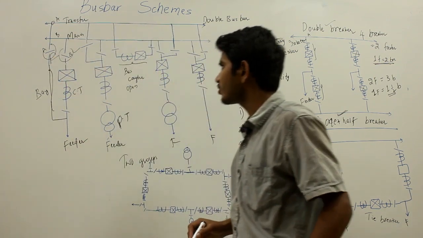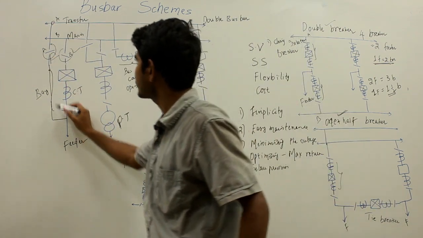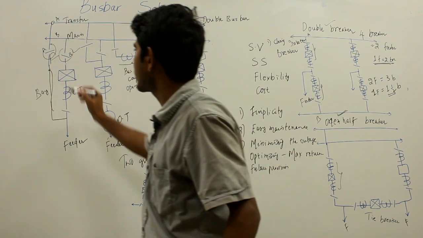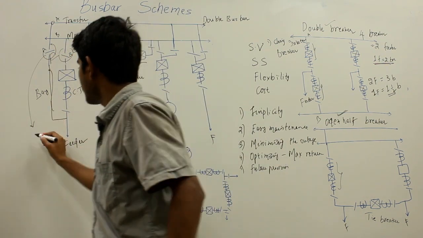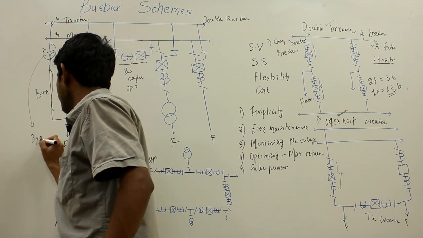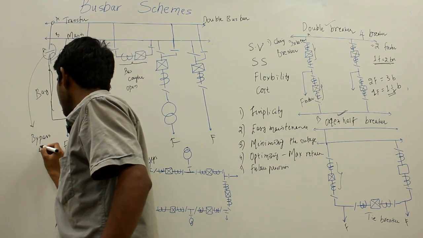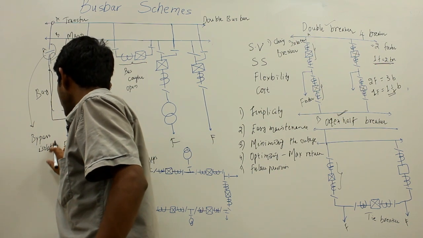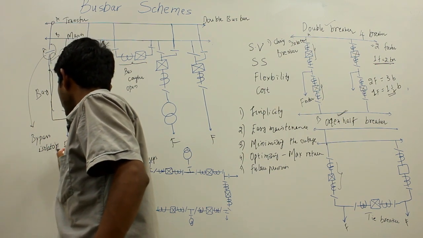Through an individual isolator, every feeder is connected to the transfer bus, and that individual isolator can be called a bypass isolator. So this is the main concept behind the main and transfer bus.